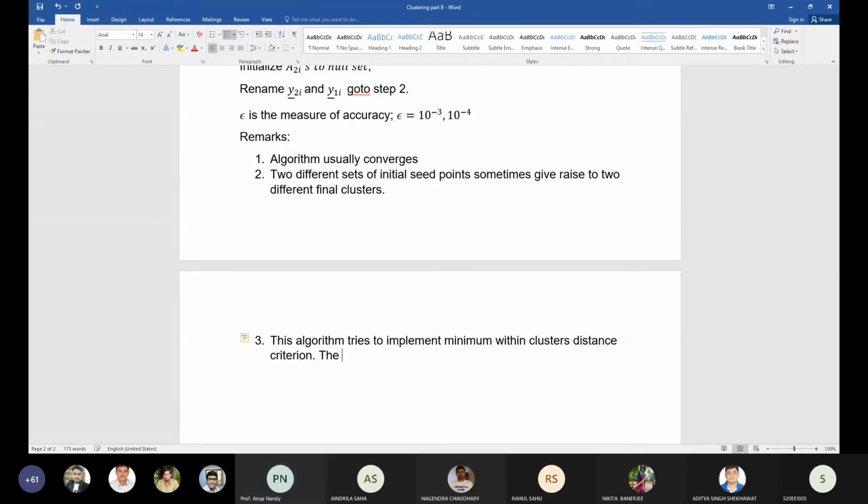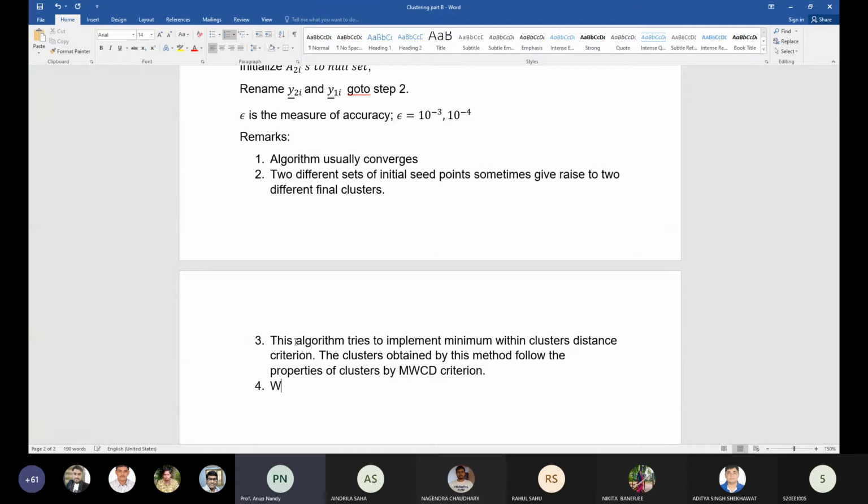And the clusters obtained by this method follow the properties of clusters by minimum within-cluster distance criteria.